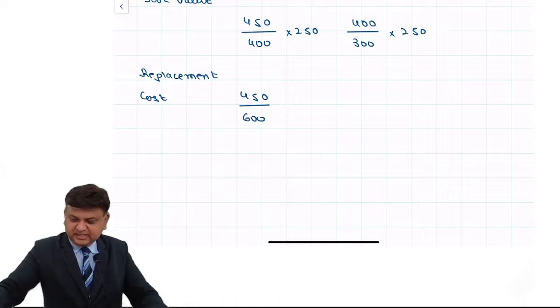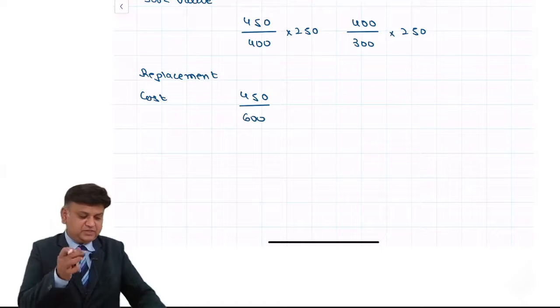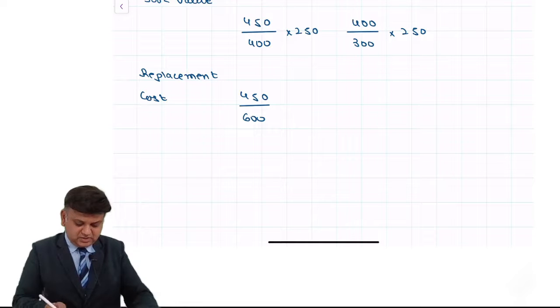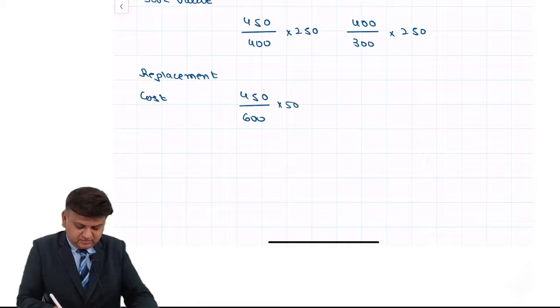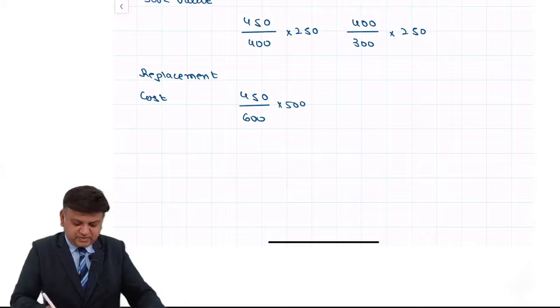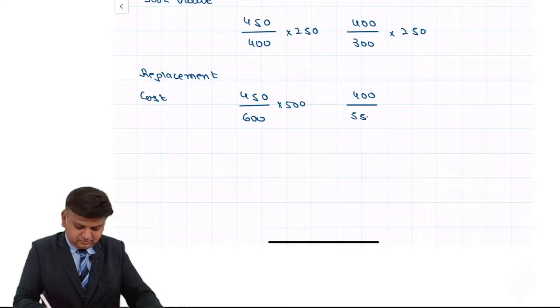It means that the market value is 75 paise of 1 rupee of the replacement cost, multiplied with 500. The next one is 400 upon 550, multiplied with again 500.